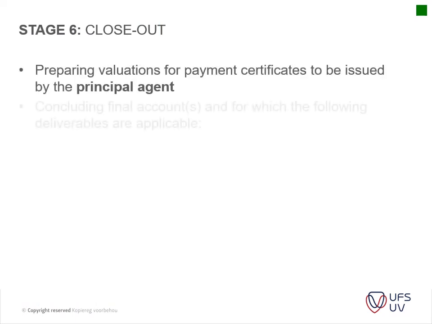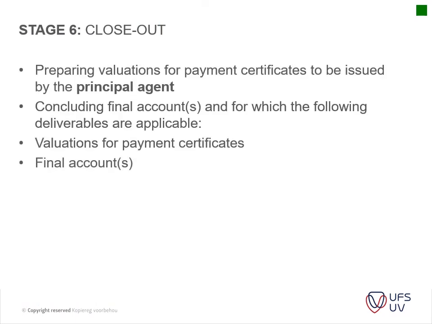Then we get to the closeout. I'm just going to run through these. It basically comes down to the valuation of payment certificates, and then the final account. And if the QS does his work throughout the project, this is usually a smooth process because the final account is already done before the project is actually closed out.